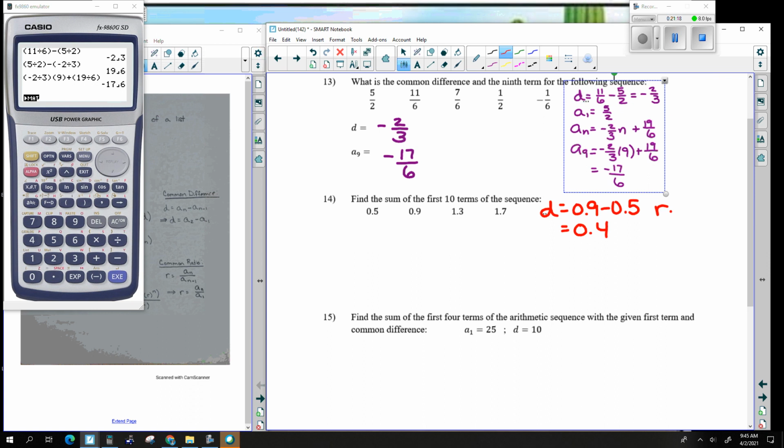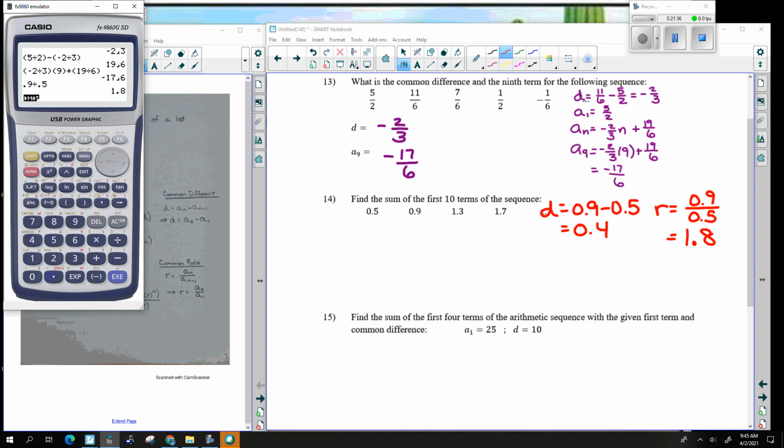If this is geometric, this would be 0.9 divided by 0.5, which is 1.8, I think. Yeah. Okay, so either we're multiplying by 1.8 or adding 0.4.